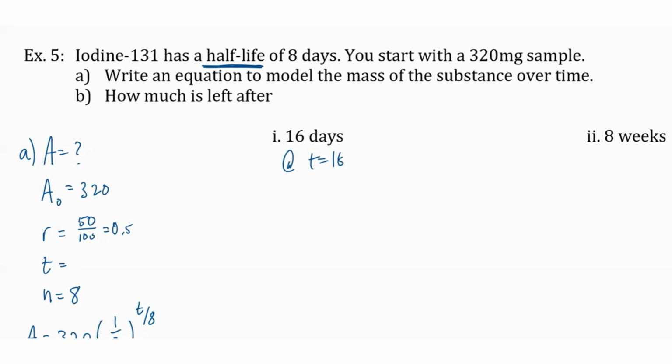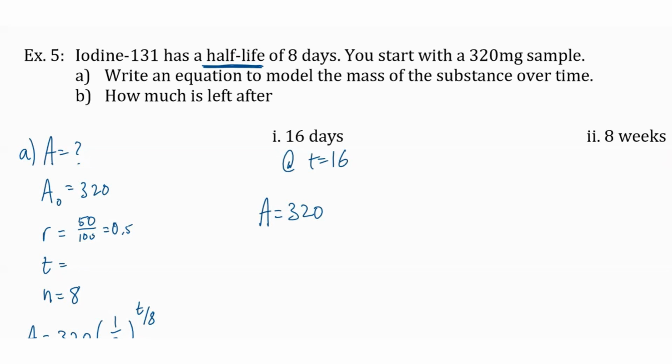Okay? So after 16 days, if it's every 8 days, that has occurred twice. The first 8 days, it cuts in half. The second 8 days, it cuts in half again. So we've had 2 half-lives occur. And we'll see that happen in the equation.